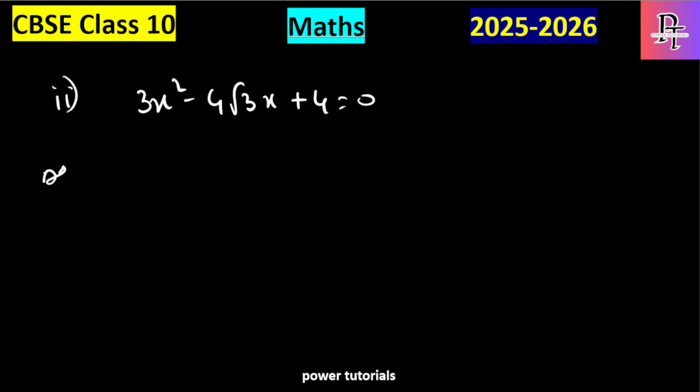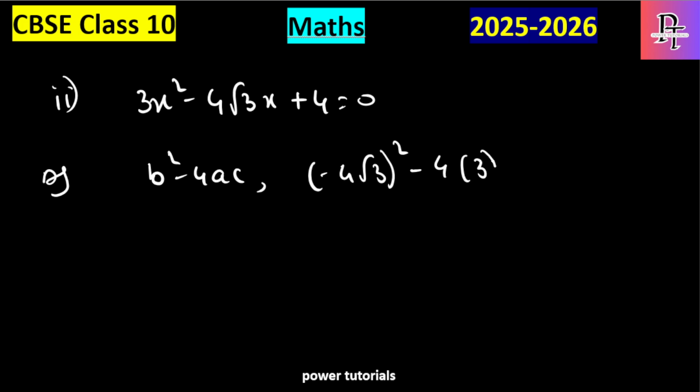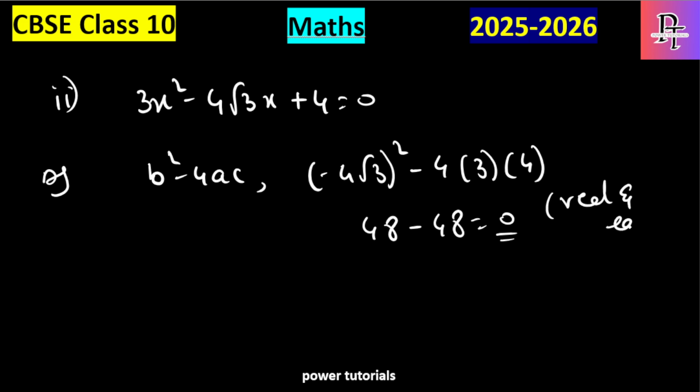So let's solve b square minus 4ac first. b here is minus 4 root 3, so minus 4 into 3 into 4. 4 square 16. 16 into 3 is 48. 48 minus 4 into 3 is 12. 12 into 4 is 48. Okay, it is simple. If b square minus 4ac is equal to 0, we know it is real and equal.